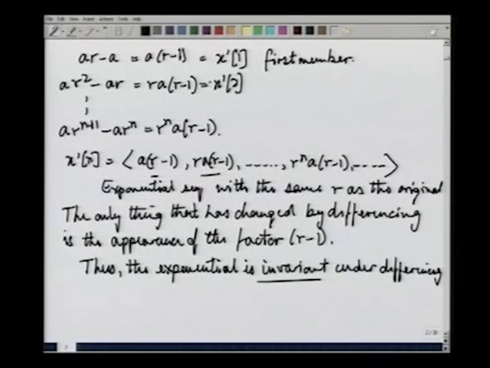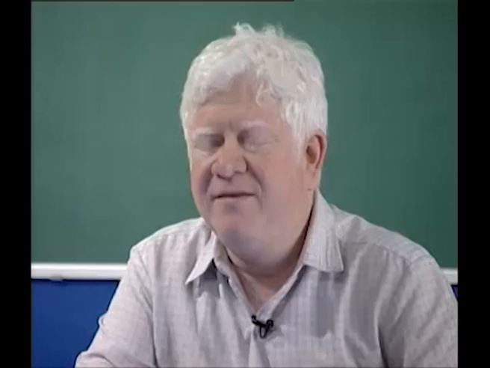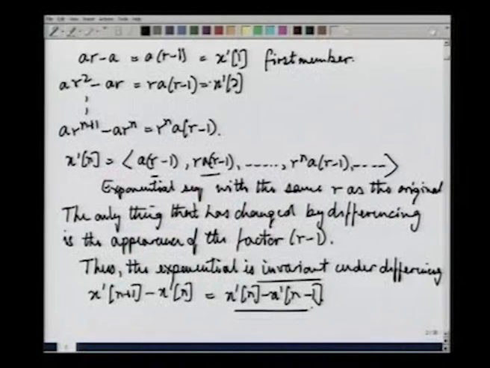What would happen if you differenced it once again? That is, what would happen if you took x dash n plus 1 minus x dash n, which by the way, is exactly the same as x dash n minus x dash n minus 1. This is something that might have worried some of the viewers, because we started by saying that this is what we call the first difference, and later on when x dash was x n and x dash n minus 1 was x n minus 1, this is what we call the first difference.